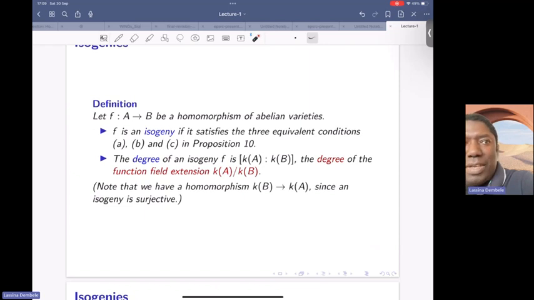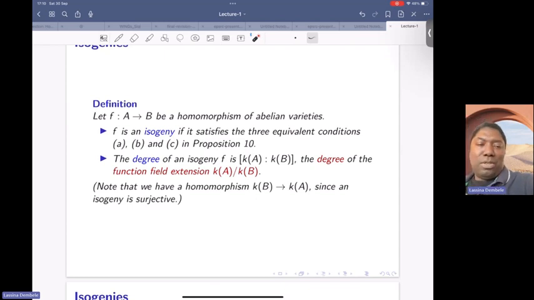You give yourself a homomorphism of abelian varieties, and you would say that this is an isogeny if it satisfies any of the three conditions in the proposition. So, for example, if you know that the map is surjective and that the abelian varieties A and B have the same dimension, then automatically you know that this is an isogeny.